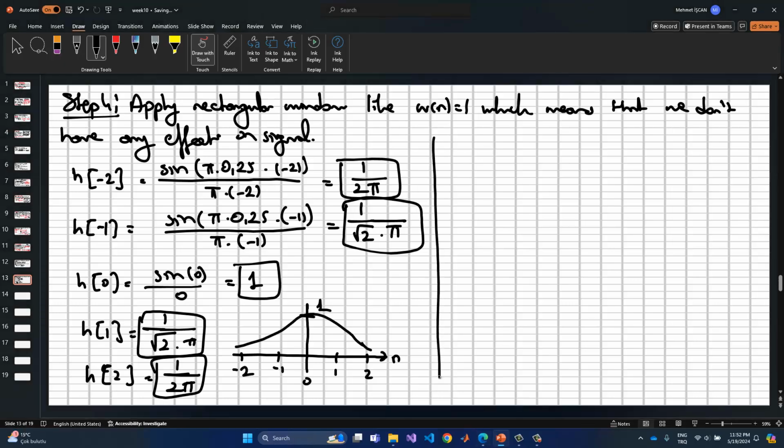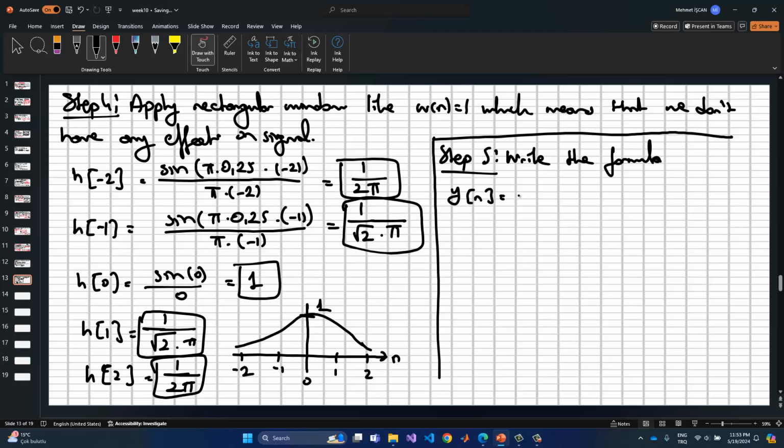In step 5, write the formula in here just like this one. y(n) equals the sum for k equals minus 2 to 2 of h(k) times x(n minus k).